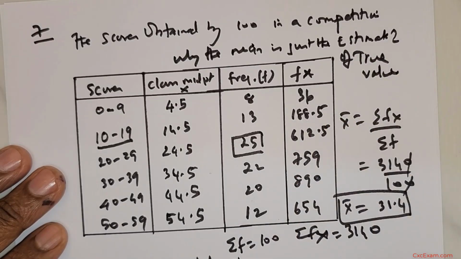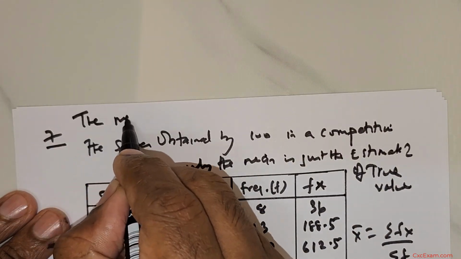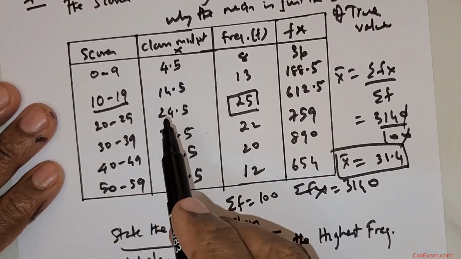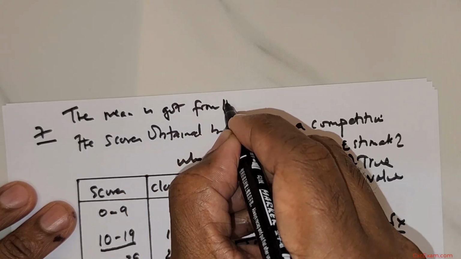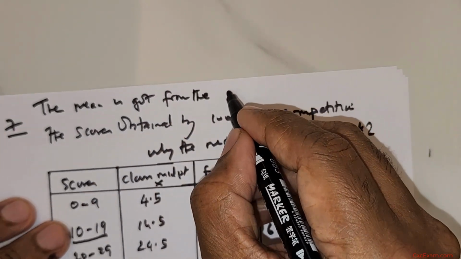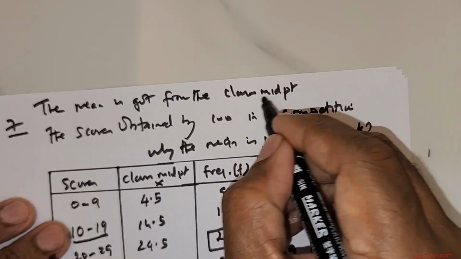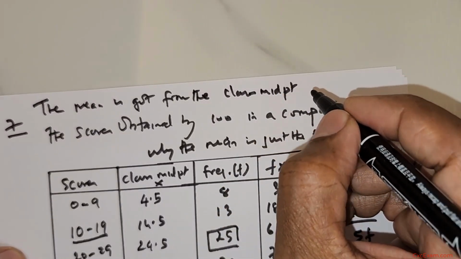So what is the reason? The mean is obtained only from the class midpoint, or midpoint class, or mid class.